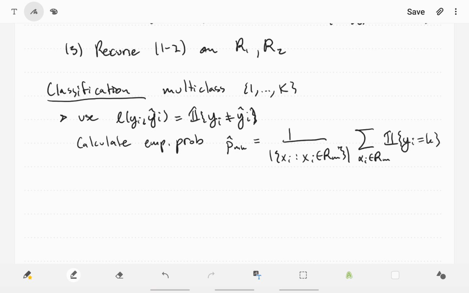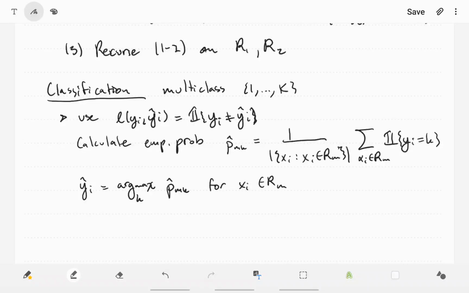And so this is going to give us some estimate of our probability of being within class k for a region. Now our y hat i, for the 0-1 loss, is just going to be the argmax over k of this p hat mk, for xi in R sub m.